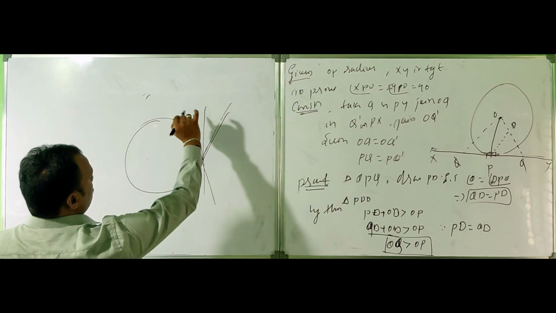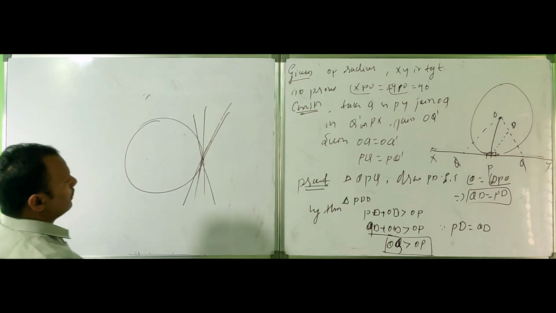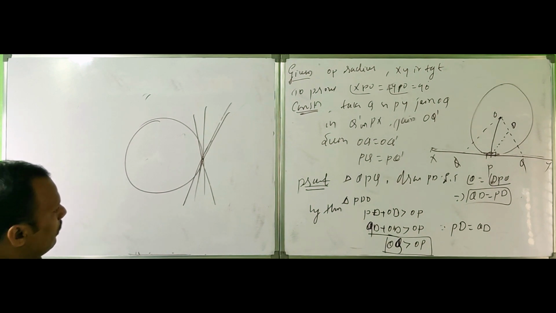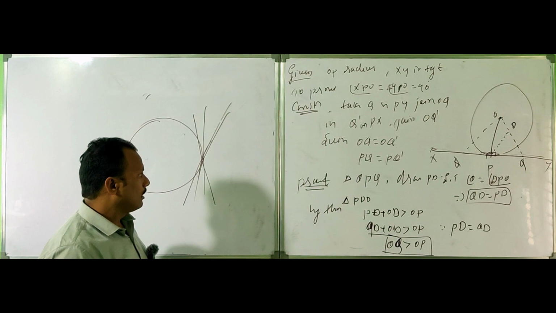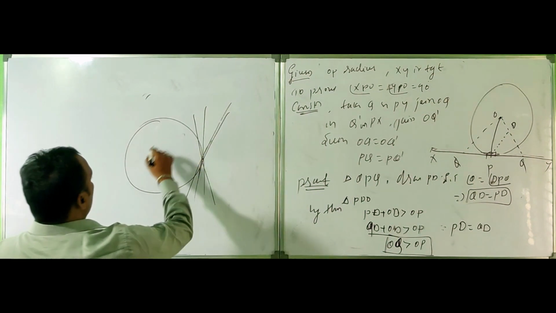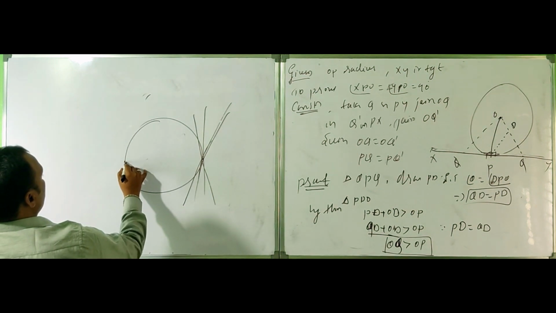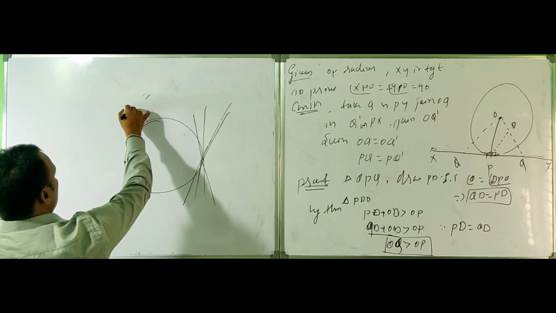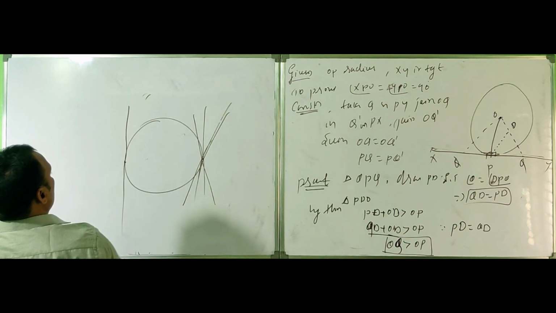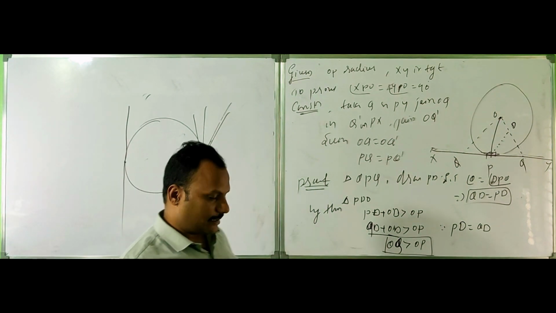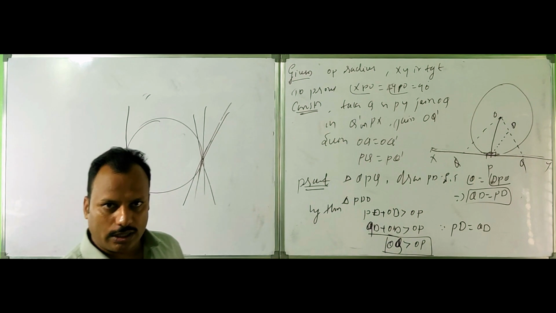It is not possible, right? From one point on the circle we can draw only one tangent. So how many tangents can a circle have? At one point you can draw only one tangent.